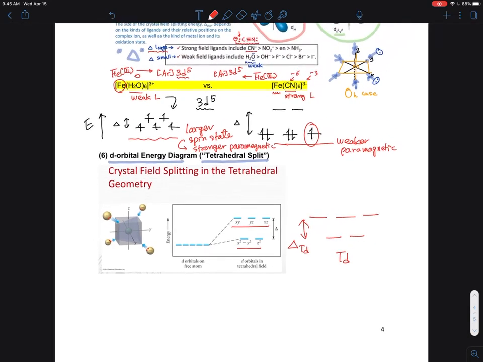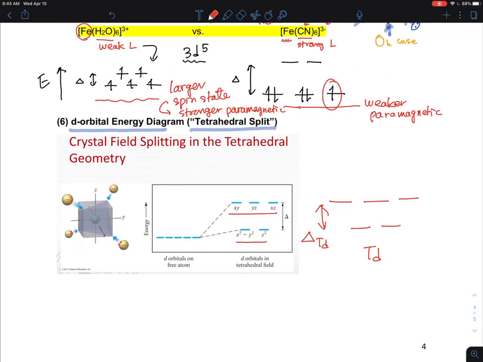Okay, and then I can compare that once again to the octahedral splitting because of the geometry argument. This is delta Oh, octahedral splitting, and so this is an interesting perspective for you to see the different patterns of the energy splitting.